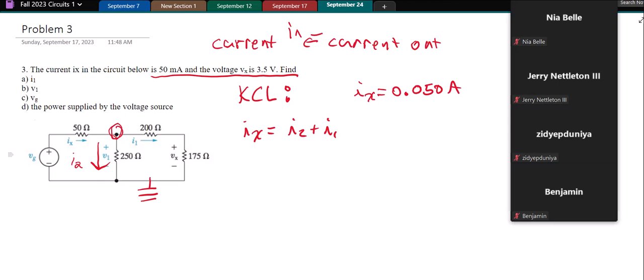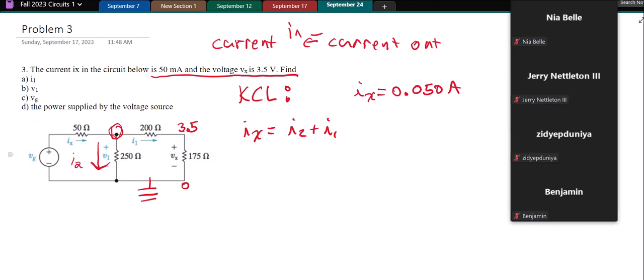So that means that since the top is plus and the bottom is minus, the top has to be 3.5 volts bigger than the bottom. Now, if I made the bottom ground, then I can make this up here 3.5, because that's what Vx is.